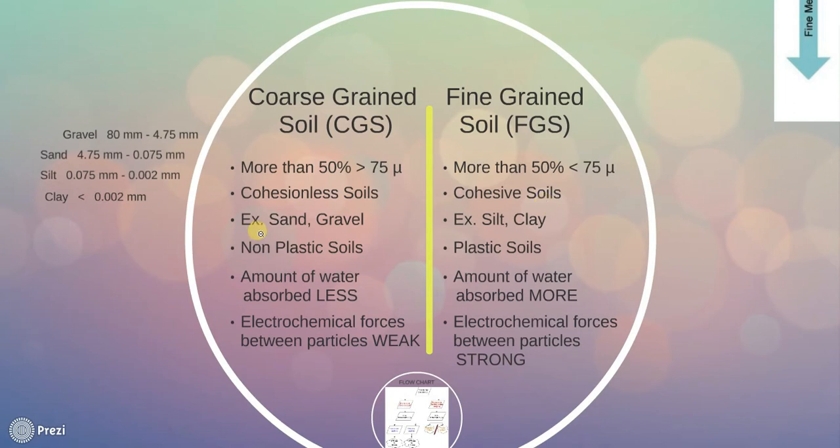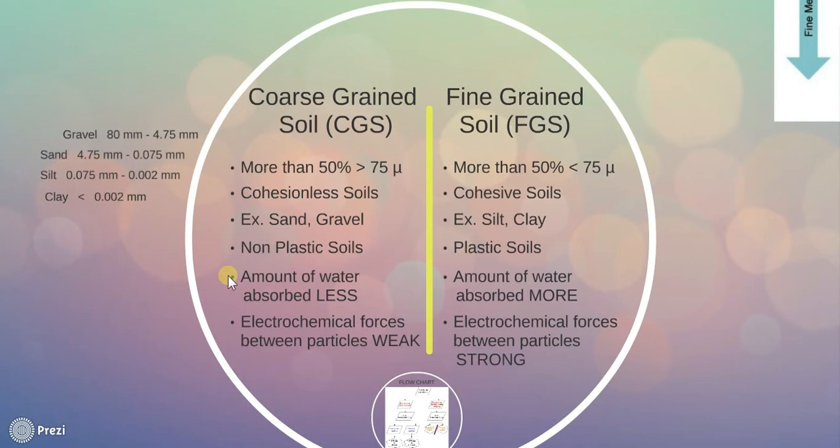Example of CGS can be given by sand, gravel, etc., whereas example of FGS can be given by silt, clay, etc. CGS does not possess plasticity property and hence they are called non-plastic soils, whereas FGS possess plasticity property and hence they are called plastic soils.